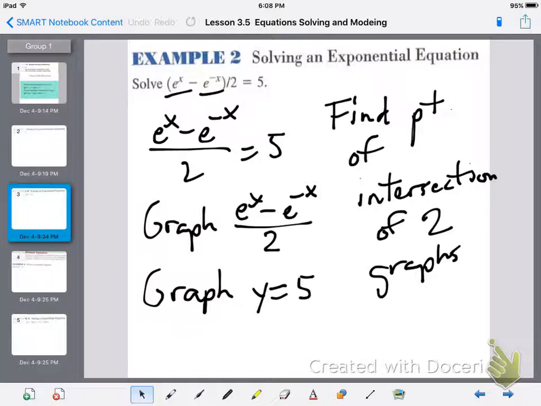If you did it for this one, you would get approximately, just so you guys know, 2.31 as the x-coordinate of the answer. So in a situation like that, I would graph it, because trying to solve it algebraically is just going to be a nightmare.